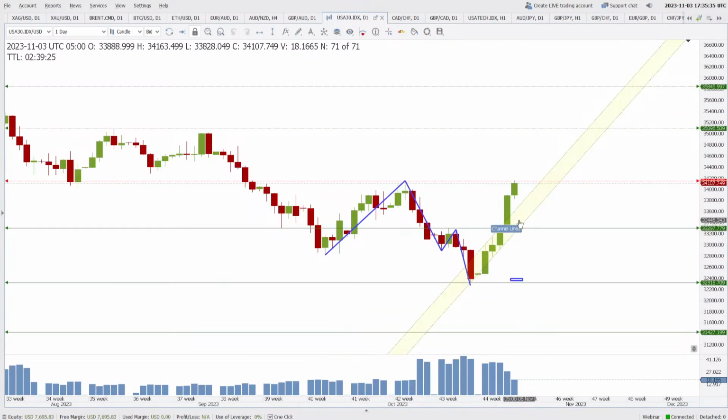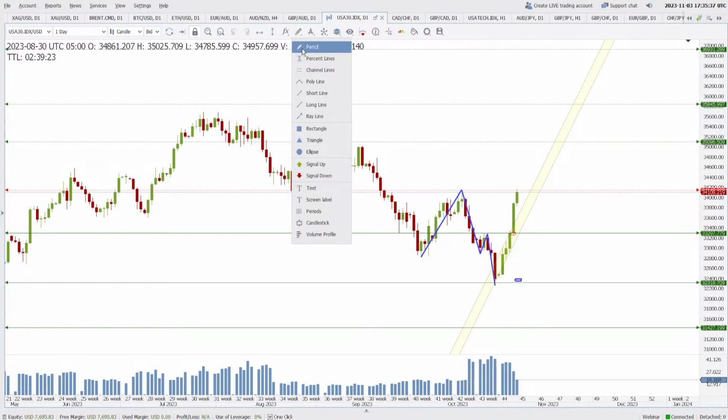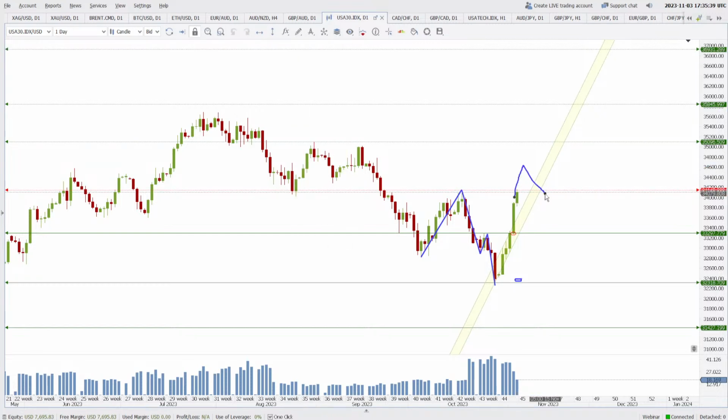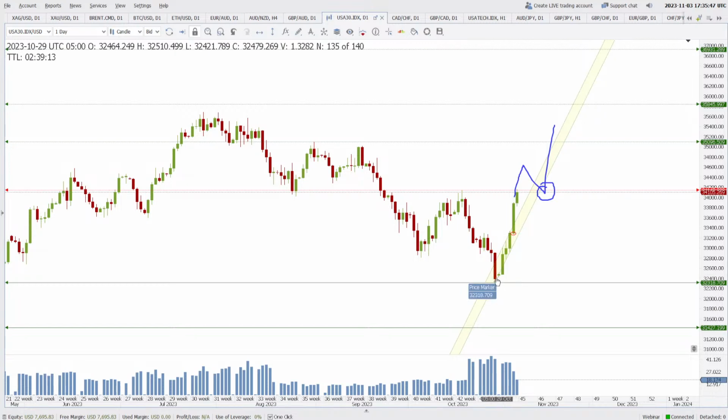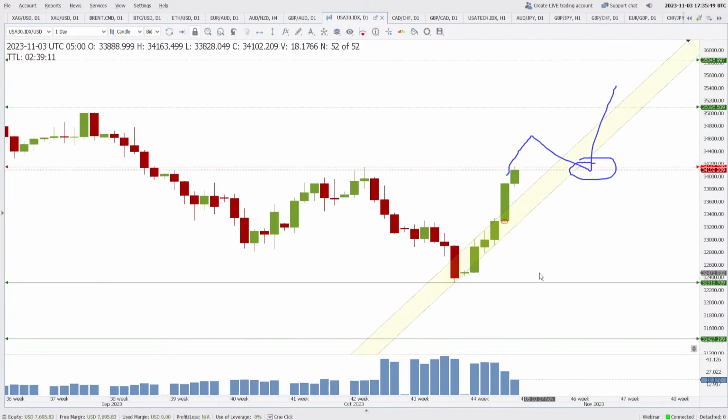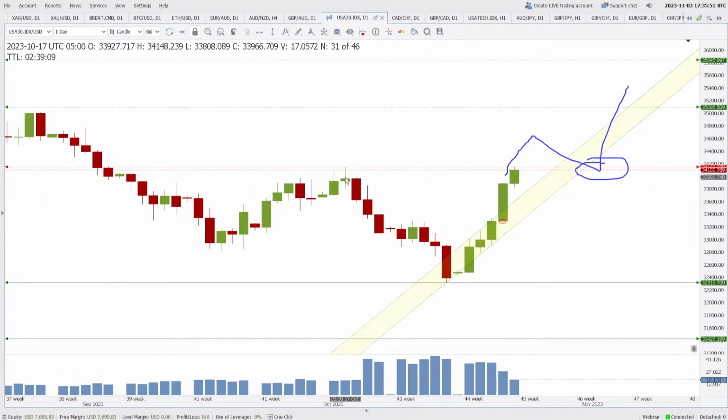But yes, if you want to buy this market, I think you would like to see something like this, and then you will buy here. All right, and you can remove all these clutters from here, because now the market is trending up, and trading above this, which has right now happened, will open the way to 35,096.